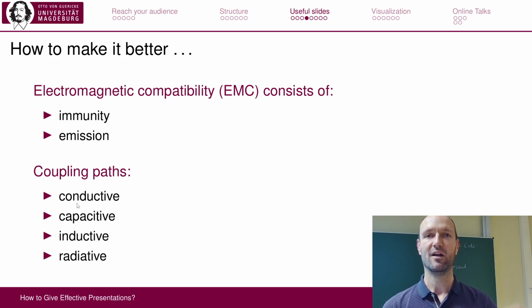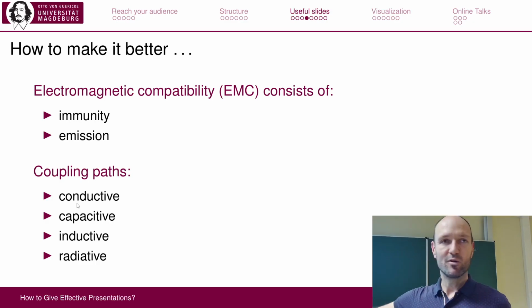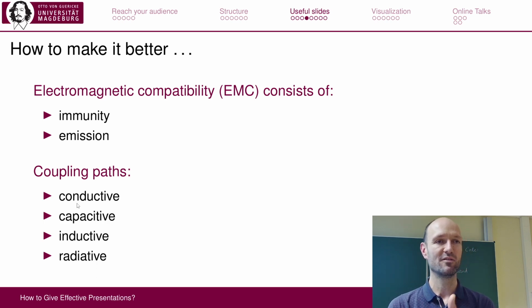Devices don't disturb other devices in their surroundings, and at the same time they are immune to external fields. The coupling between devices can happen via electric and magnetic fields, via cables and so on. Now there's enough information for you to remember what you want to tell. Still, people cannot read this.